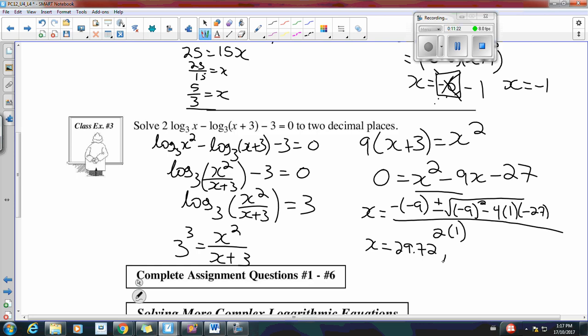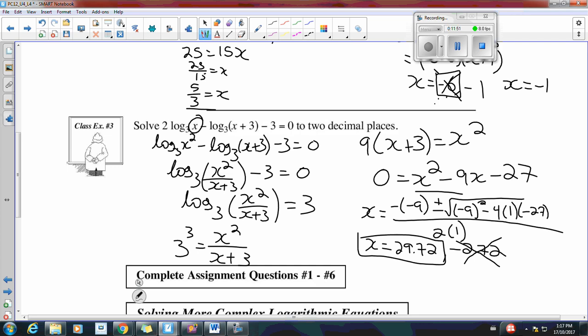And we get negative 2.72. Well, you always want to check, are these both valid solutions? But right here I have log base 3 of x, so I cannot have a negative number, so x is simply 29.72.